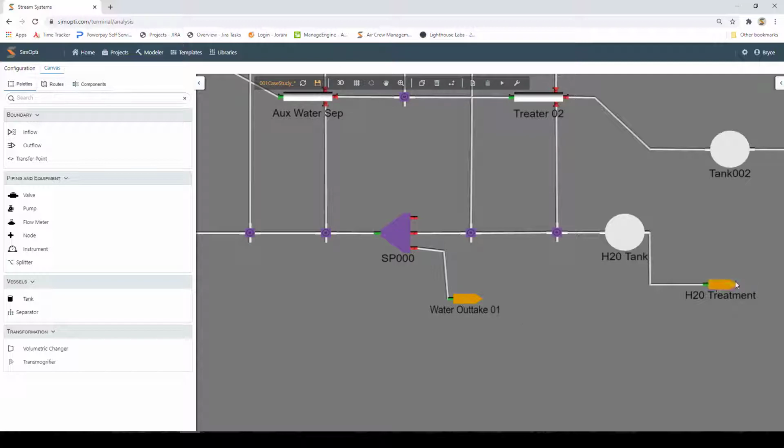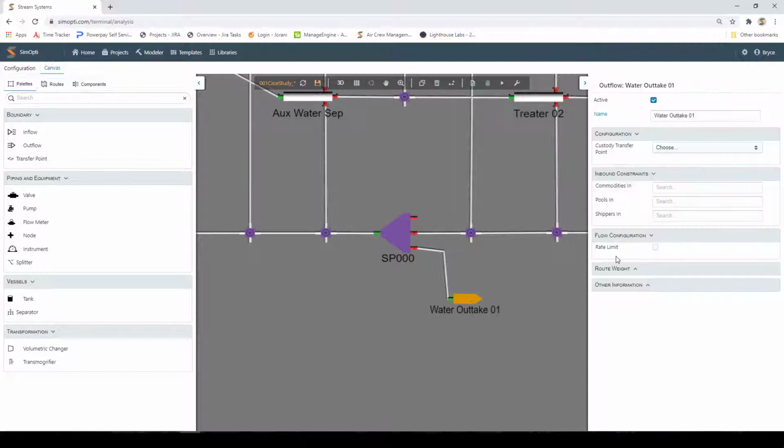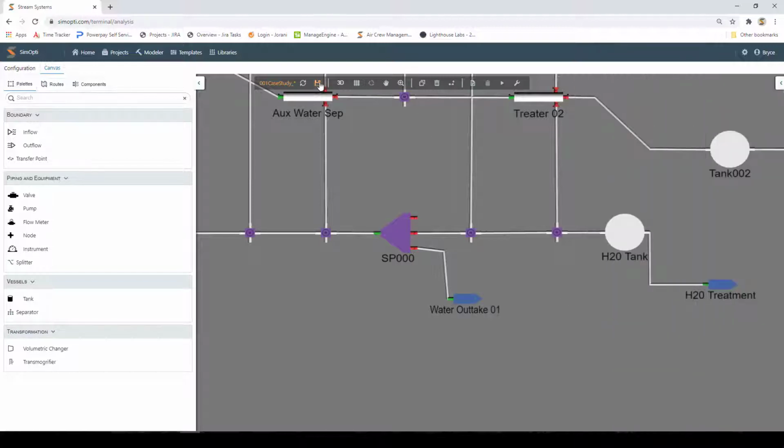So if our water treatment facility has a flow rate limit of 270 barrels per hour, why don't we increase our total capacity for water transport by about 10%. So let's make our max rate for the water outtake a mere 30 barrels per hour. Now that we have our new configuration, let's run the simulation and see what happens.